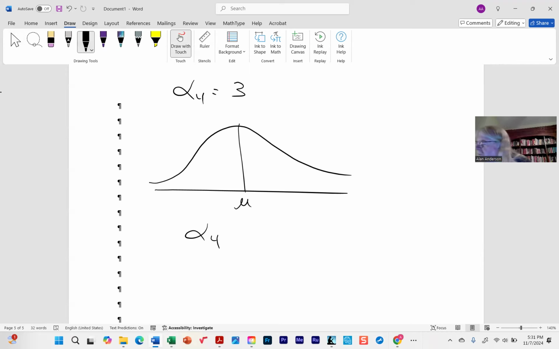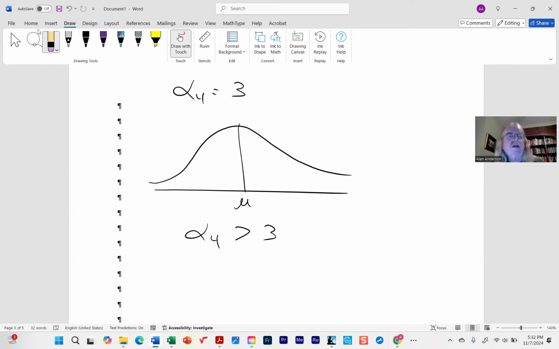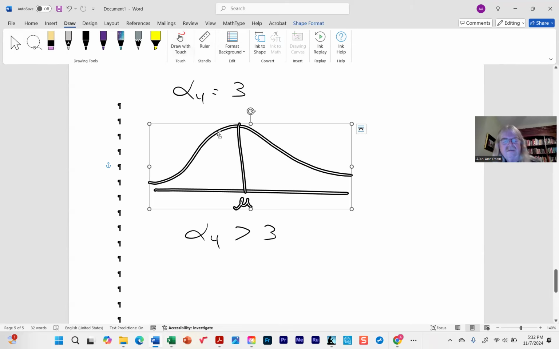So if this number is greater than 3, actually, I know what I'm going to do. Might as well take advantage of these. I think I can copy this down below. Yeah, there we go.